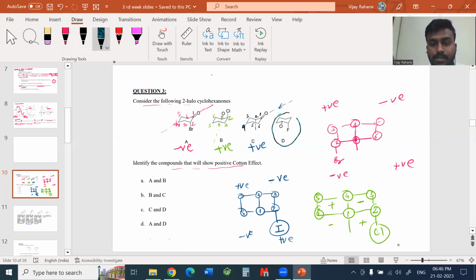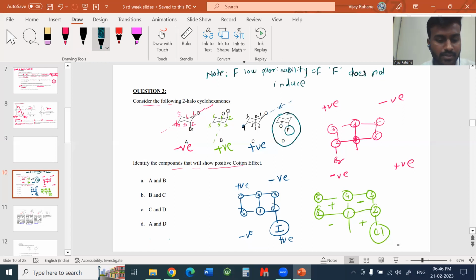Just note that for this example, since it's a fluorine, it does not induce any Cotton effect.